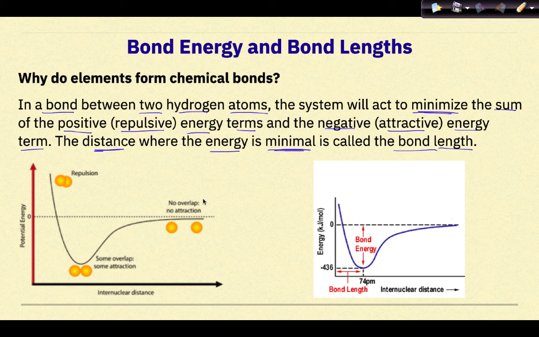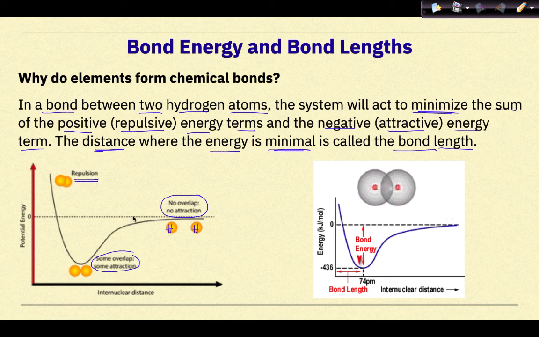So here, at the very beginning, when two hydrogen atoms, hydrogen 1 and hydrogen 2, are approaching each other, there's no overlap, no attraction. When they start coming together, at the bottom of this potential energy curve, where we are definitely negative, there is some overlap and some attraction. But if these two hydrogen atoms get too close to each other, we start experiencing repulsion.